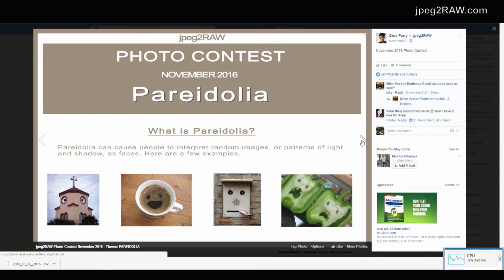Gino, who made the thing, gave some examples, like here's a church, here's coffee again, a mailbox with some newspaper stuck into it, and bell peppers that we cut in half. So find something like that. She has a little definition there, and you can look it up on the internet too.